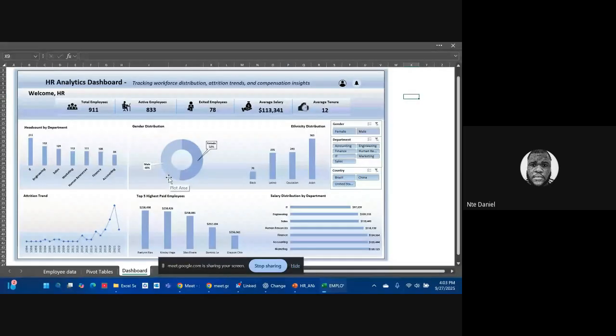Personally, if I'm doing the top five highest paid, I would have added a dynamic text to show, okay, these are the top five, and this is the percentage of the overall population. Let's know if they are far ahead of the other persons, which can lead to maybe dissatisfaction or the feeling of being cheated.